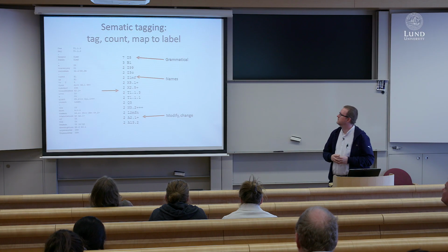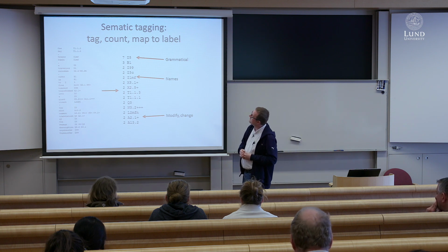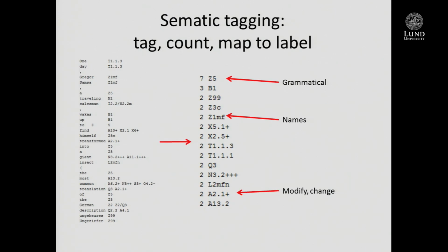So you tag each word, and then you just count. You can do it more sophisticated, but as a start, it's very easy to just count what is happening here. So you just make a list of your tags in this way.